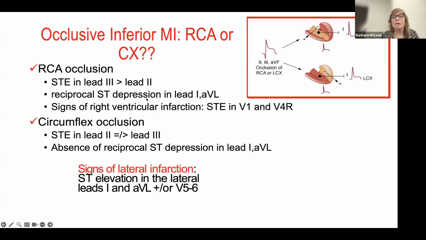Now, remember, with RCA occlusion, you're going to have ST depression in 1 and AVL when you have ST elevation in the inferior leads. But with the circumflex occlusion, because it's a little farther away, it's not quite as potent, so you're not going to see reciprocal ST depression in leads 1 and AVL.